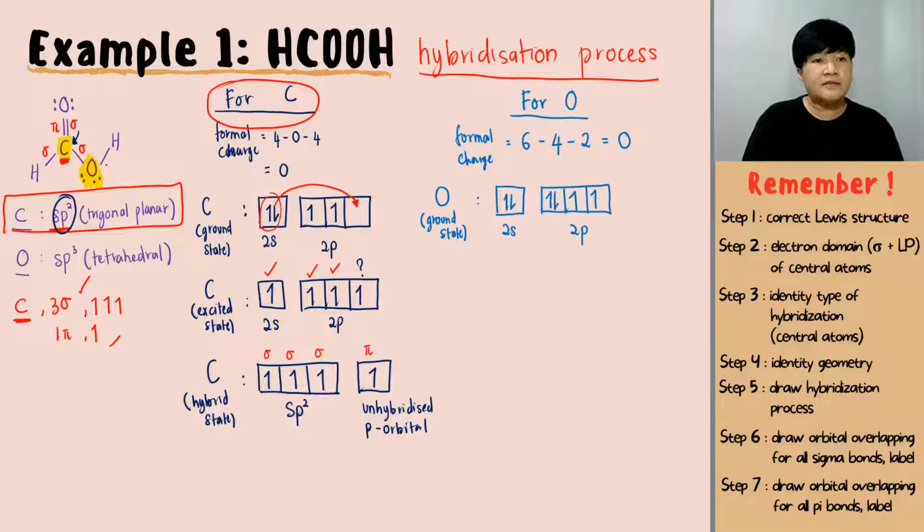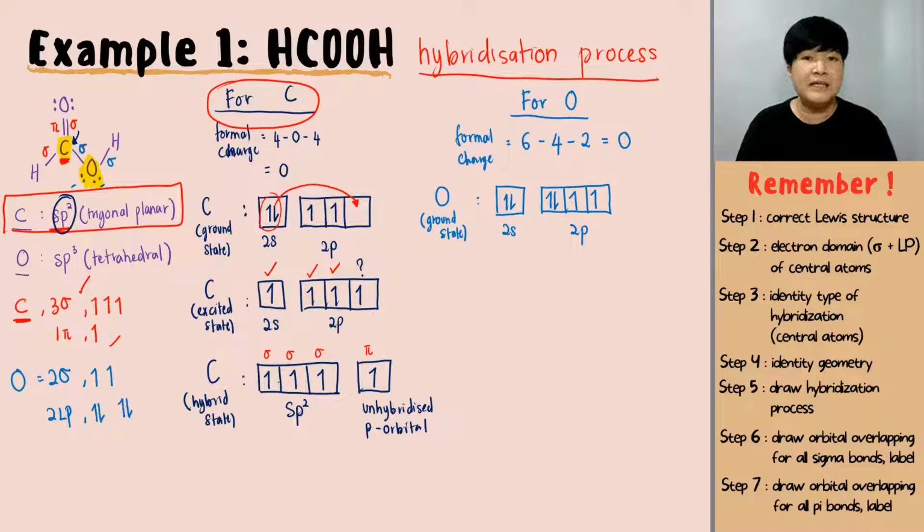Okay, next, knowing that your oxygen right now having 1 sigma bond, 2 sigma bond, and also 2 lone pair. So your oxygen having 2 sigma bond, which is 2 single electron, and 2 lone pair. 2 lone pair means you need to have 2 pair up electron in your hybridization process.